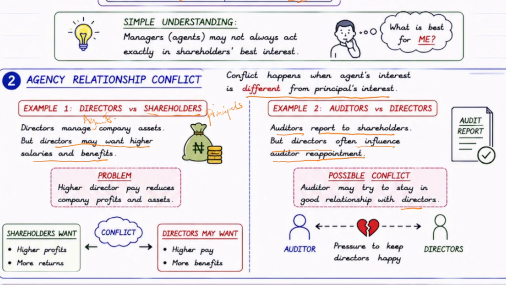So you see that there is conflict of interest in that relationship as well. So auditor and director, because there's pressure on the auditor to keep the directors happy as well, so that they can be what, reappointed.